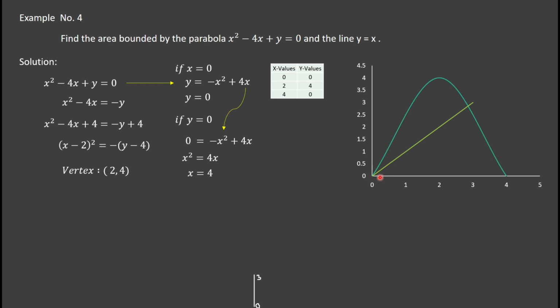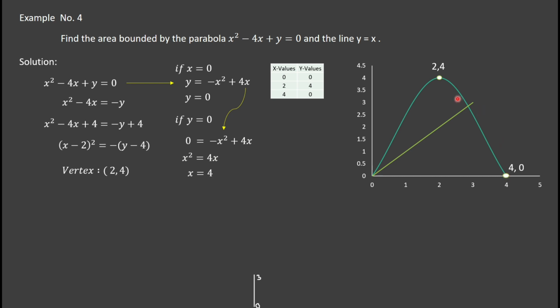This equation meets the origin, which starts at (0, 0). Also the equation of the line passes through 0, but the second point is unknown. Here is our vertex, and here is our corresponding intercept from 4 to 0, where x is 4 and y is 0.